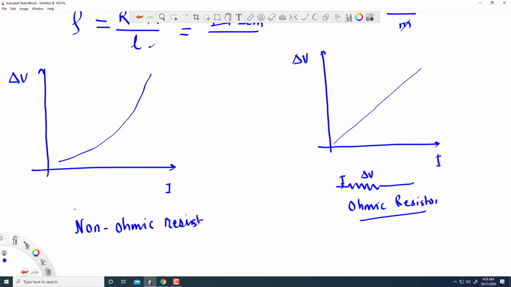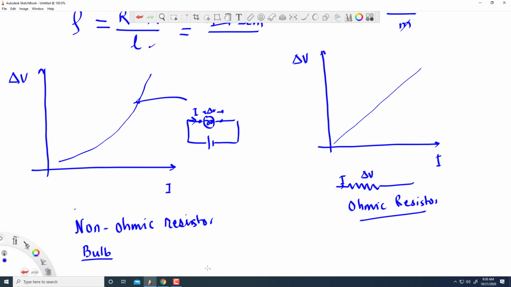An example of a non-ohmic resistor is the light bulb. So you have a light bulb connected to a battery. You measure the current flowing through the light bulb and measure the potential difference across the light bulb. Then you will find this kind of relationship. Okay, non-ohmic relationship.